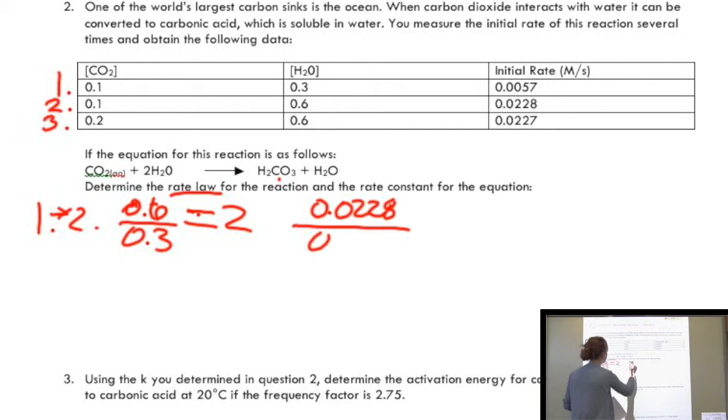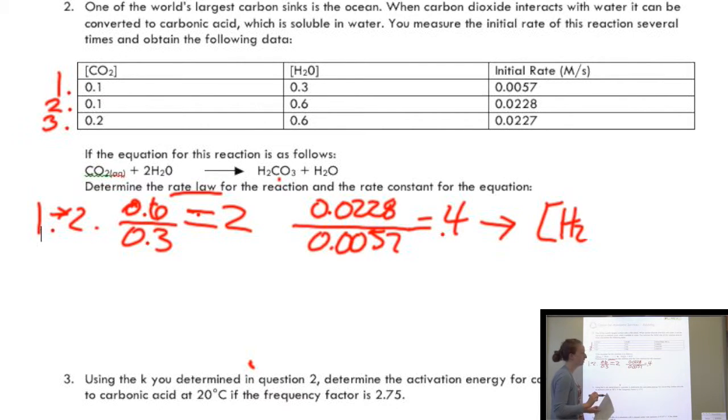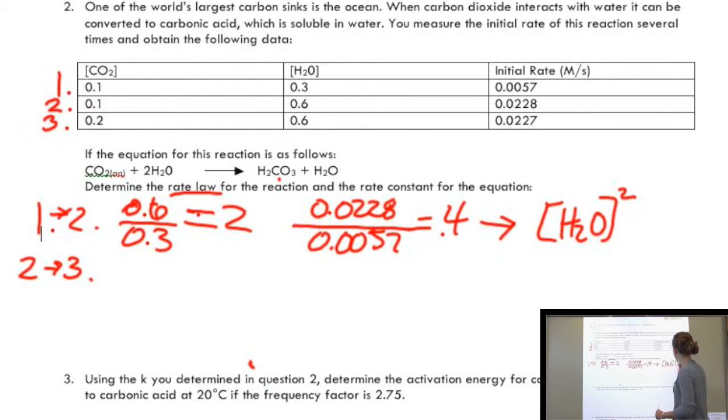And then you can also see that the reaction rate, sorry, not doubled. It quadrupled. So obviously the relationship between these two is, every time water doubles, your initial rate quadruples. So that's going to lead you to think that the concentration of water should be second order.